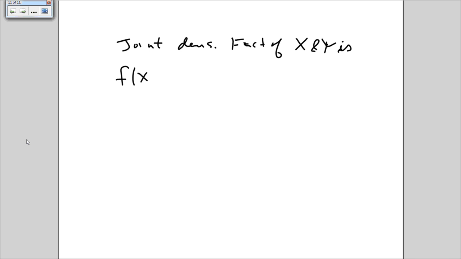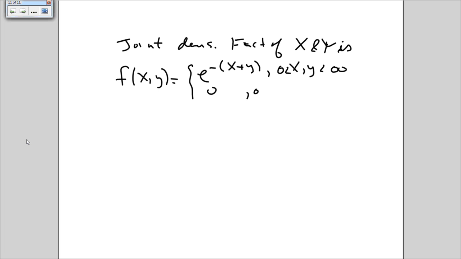given by f of x,y is equal to e to the negative (x plus y), or 0. So e to the negative (x plus y) whenever x and y are in between 0 and infinity. And it's 0 otherwise.